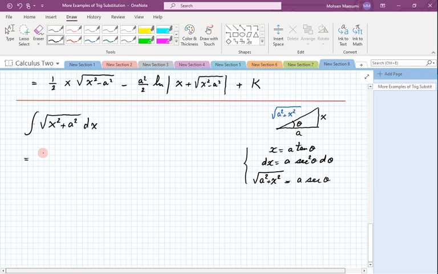So when we do substitution, the radical immediately is a secant, and dx is a secant square, and then when you multiply it, well, a and a come out, and then I have the secant cube now.